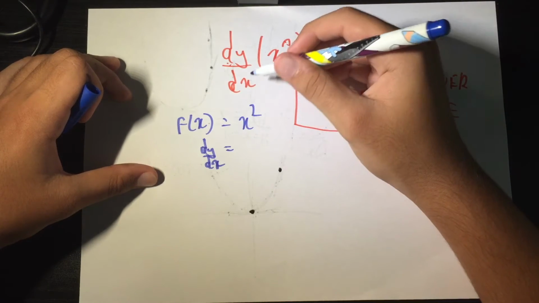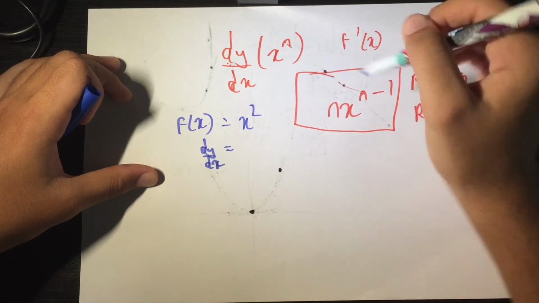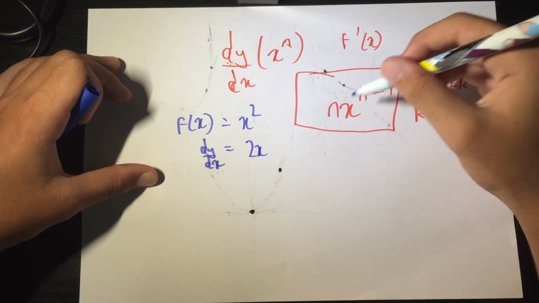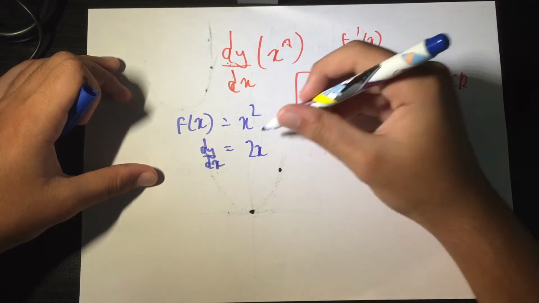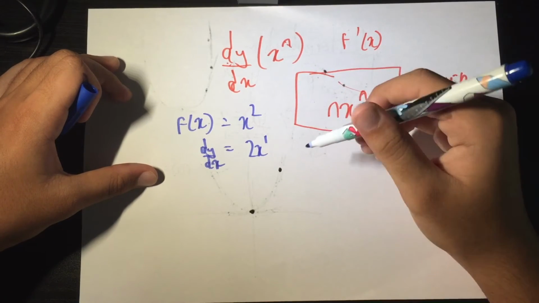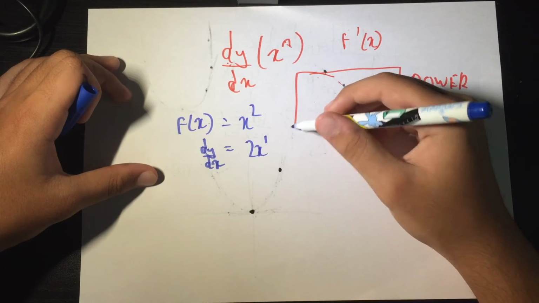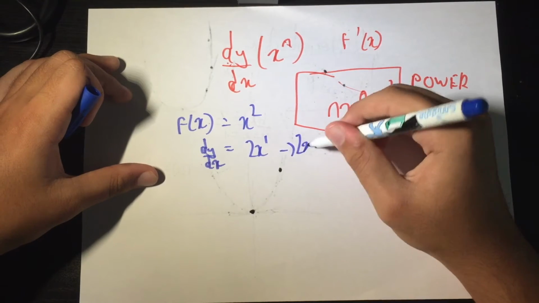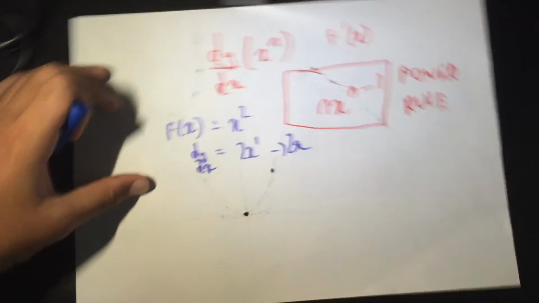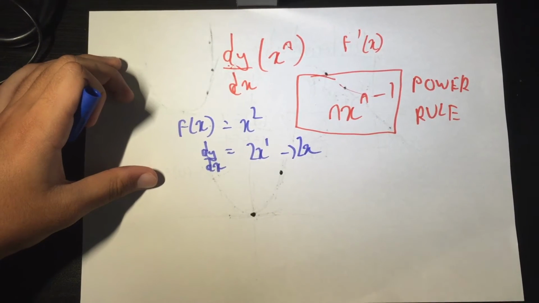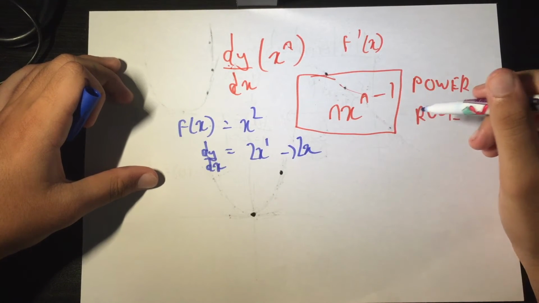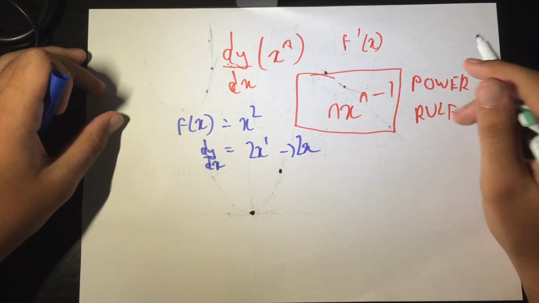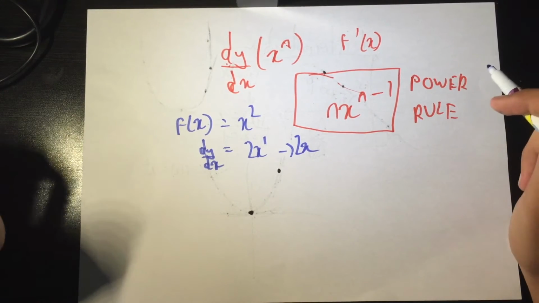In this case, n is equal to 2. So you bring the 2 down, and n minus 1 is 2 minus 1, which is 1, so 2 times x to the power of 1, which is basically 2x. So that's good news. We've found the derivative of x squared. We've done our first derivative for a curve.